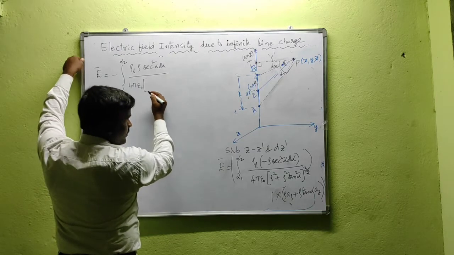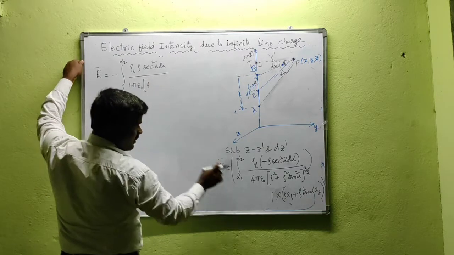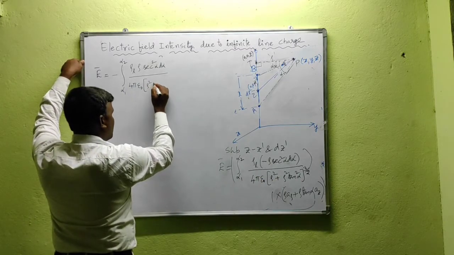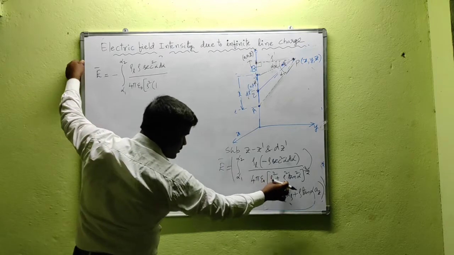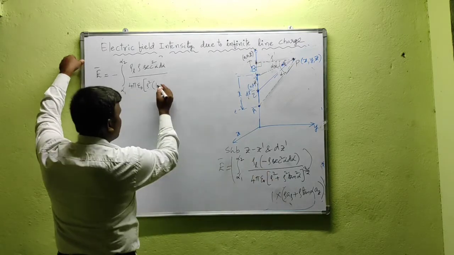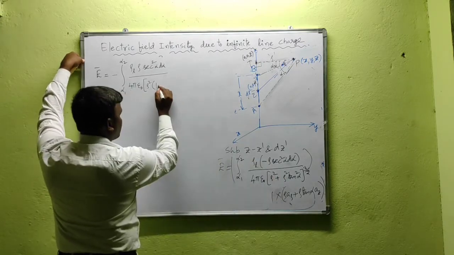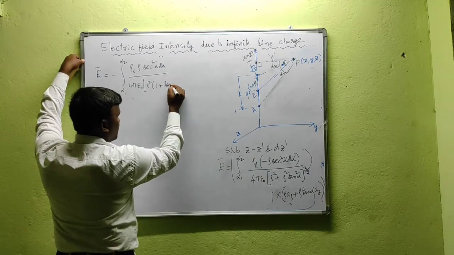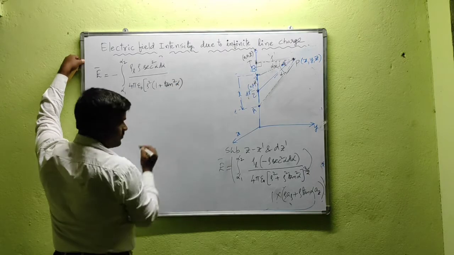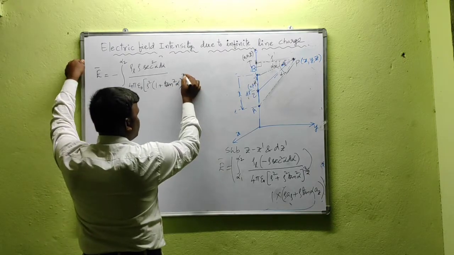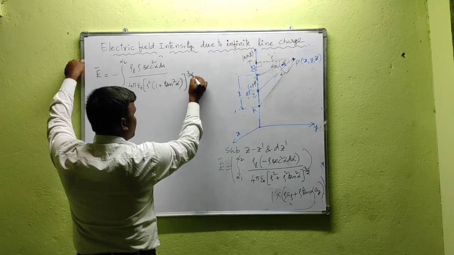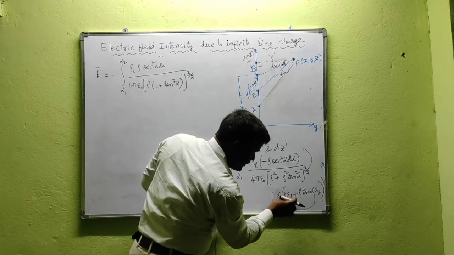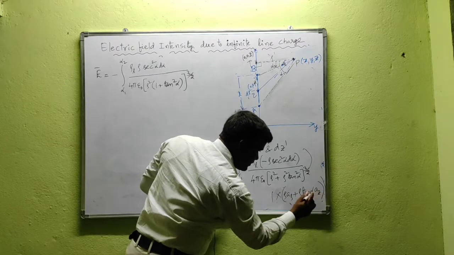naught into rho square. I am taking this rho square as common here. Rho square, remaining part is 1, rho square into tan square alpha. If I take rho square as common, remaining part is tan square alpha whole power 3 by 2 into this part, that is rho into a rho plus rho into tan alpha az.